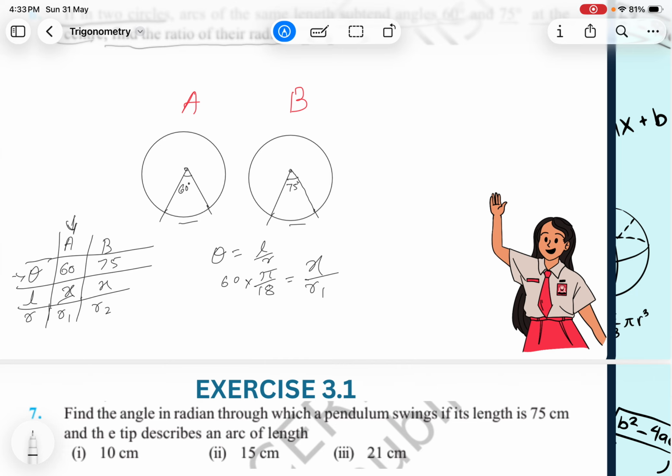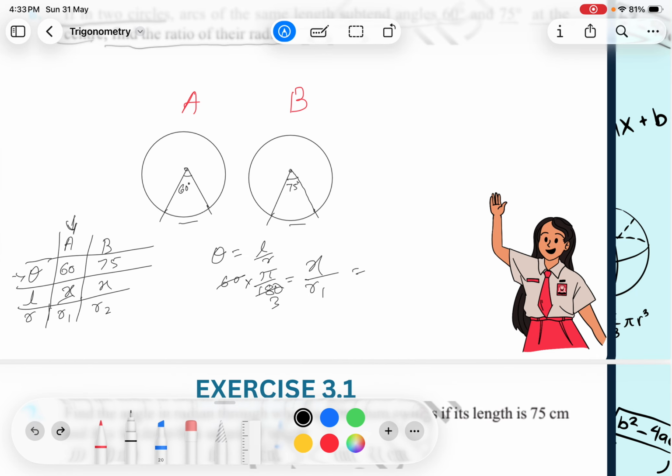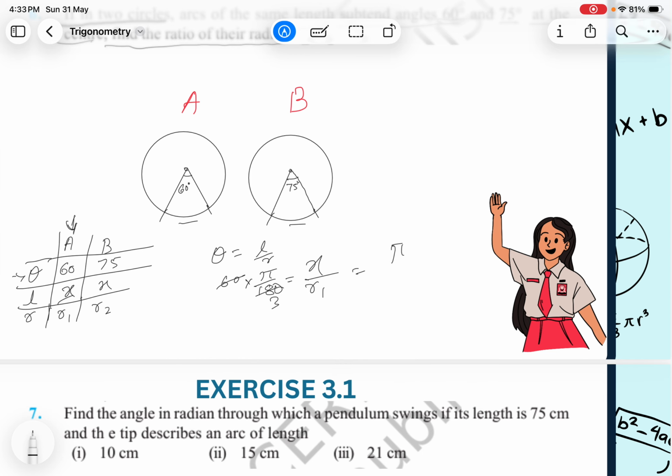Okay, so this is 180, so we have 3. So finally we get pi by 3 equal to x by r1, right?